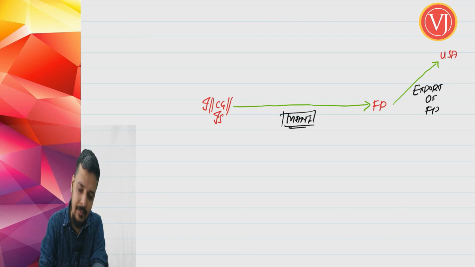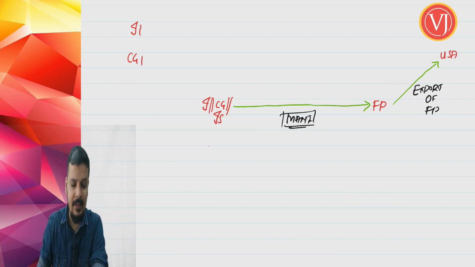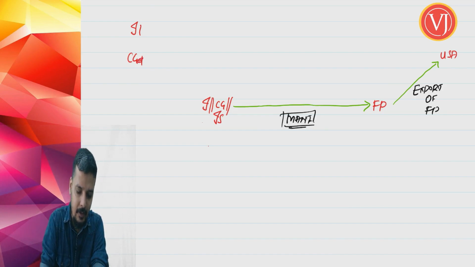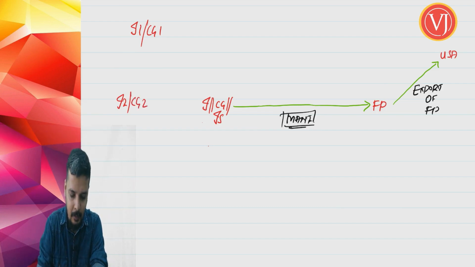So certain inputs and capital goods, say inputs 1, capital goods 1, are imported. Inputs 2, capital goods 2, are also imported, but import duty has been suffered.